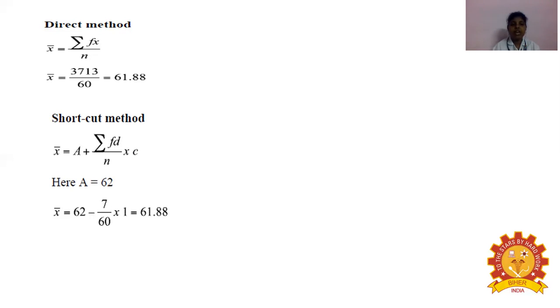Now substitute the value of a in the formula: x bar equals 62 plus summation fd value 7 divided by 60 into class interval length 1. After simplifying, we get 61.88. So in both methods, we finally got the answer 61.88.